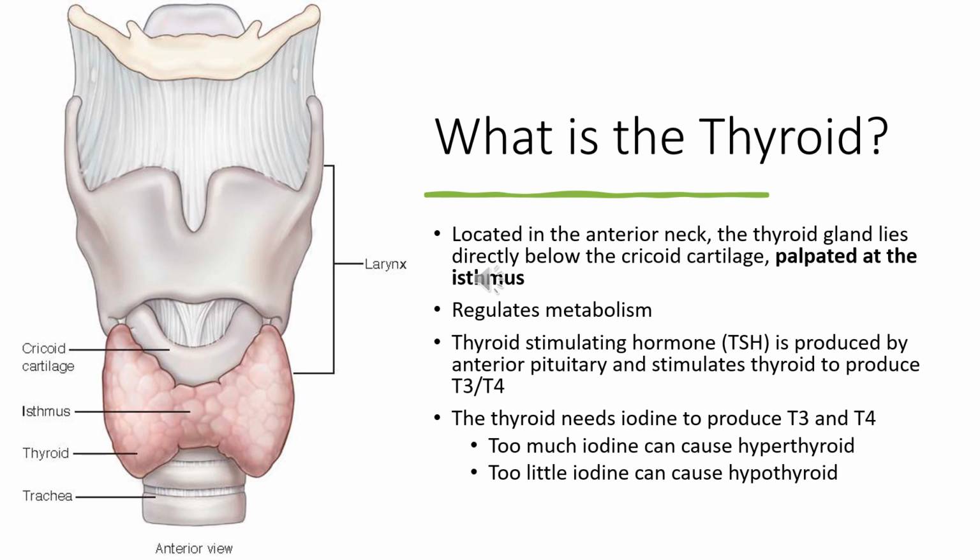So low TSH means you have hyperthyroidism. If you have a really high TSH, typically you have very low thyroid hormone, because your body is saying, we need it, we need it, and you're not getting it. So definitely understand that those are reciprocal relationships. When one is high, the other will be low, and vice versa.